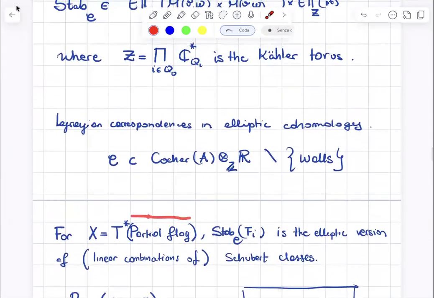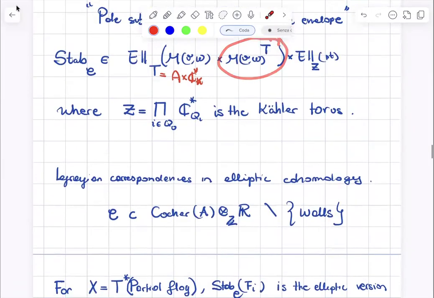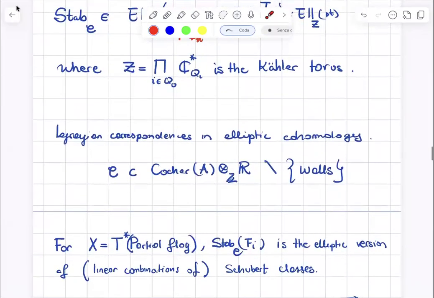Whenever X is the cotangent bundle of a partial flag variety, which is something that can be obtained in type A, the stable envelopes, or more precisely the restriction of the stable envelopes to each of the connected components in here, is really an elliptic version of Schubert classes, or more precisely, of some linear combination of Schubert classes.